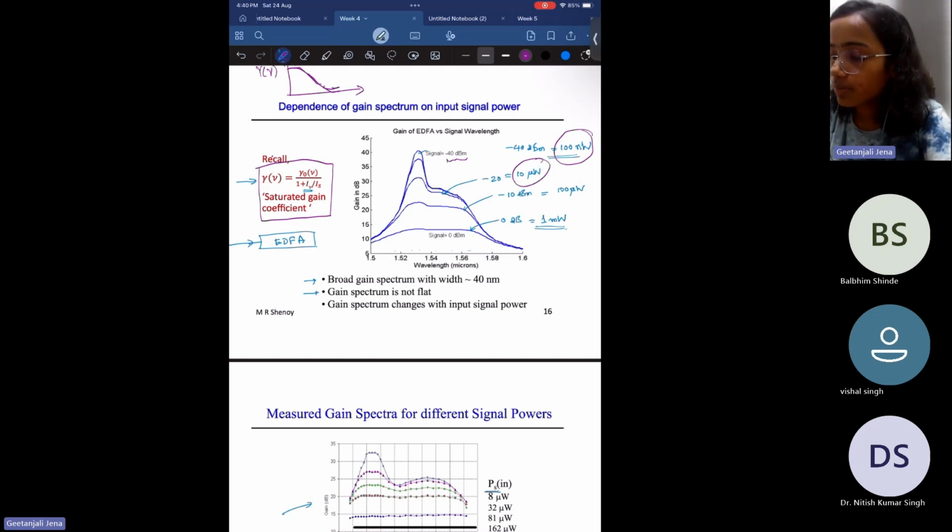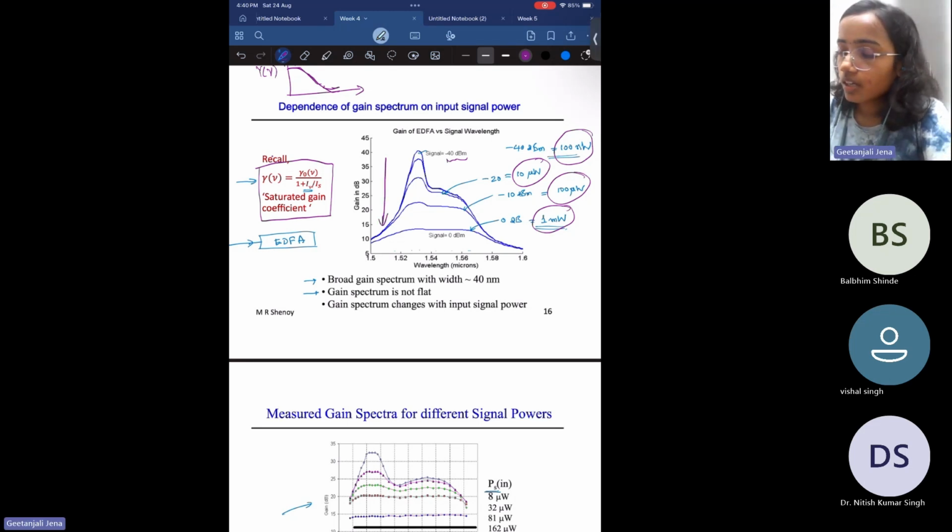The next is minus 10 dBm, 100 microwatt, and the last one is 1 milliwatt. So as we are increasing the intensity, the gain curve is gradually decreasing. Okay. So depending on the intensity, we see different types of gain curve.